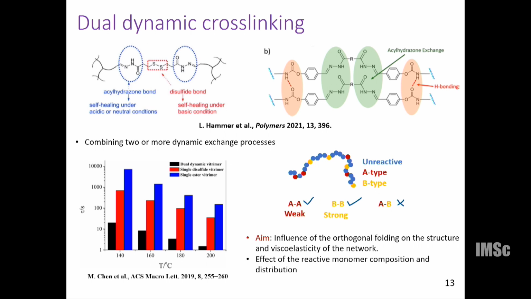It's the same Kremer-Grest bead-spring model. The only difference is we now have two types of reversible interactions, AA and BB. We don't allow the cross interactions AB, but we do allow AA and BB. To understand the relative influence of the bond strength, we make one of them stronger than the other.